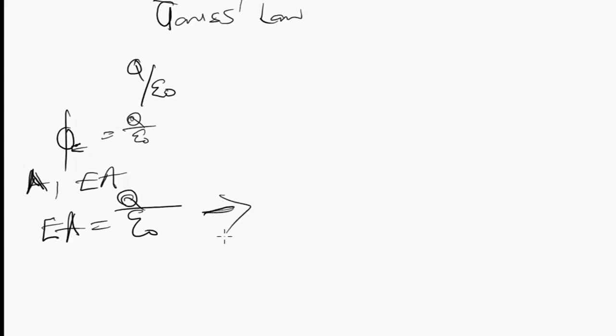And thus we'll have E, the electric field, as Q over A times epsilon naught, where A is the area, E is the electric field, and Q is the charge. Alright, I'll go ahead and write this so we can proceed further.